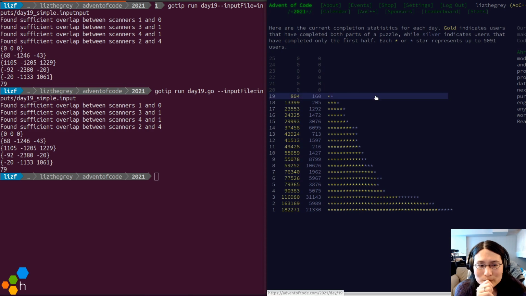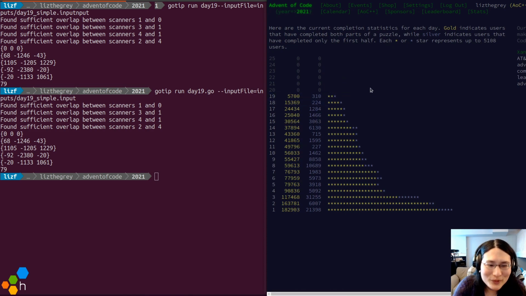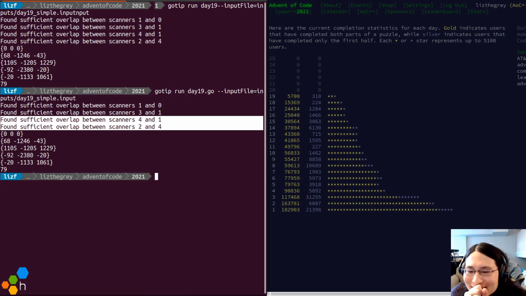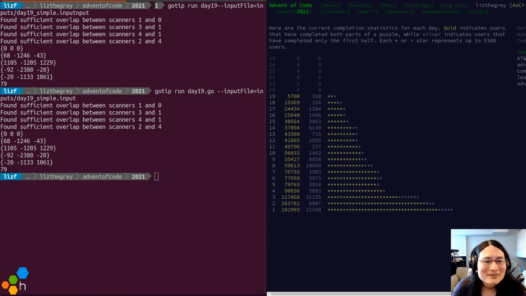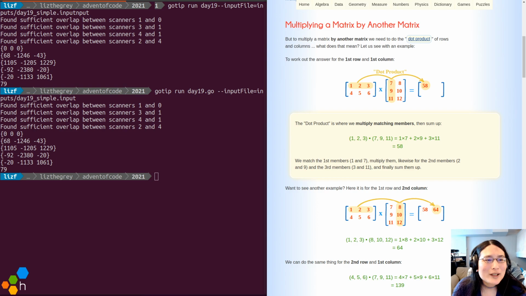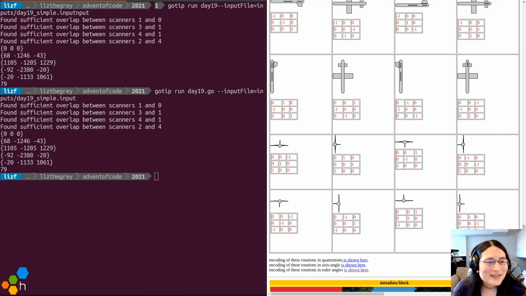Okay, so my code does solve the... Okay, 5,000 people have solved this before me. I can do this. This code clearly works now on the small input. Why does it not work on the bigger input?